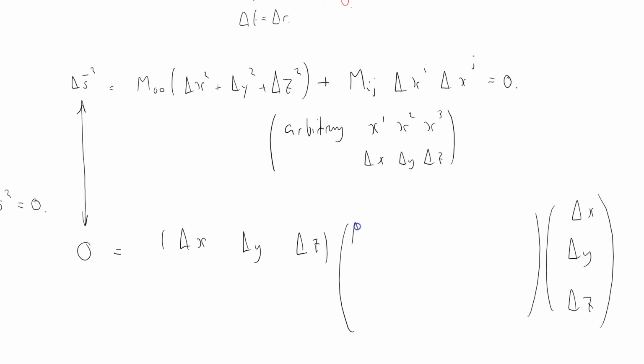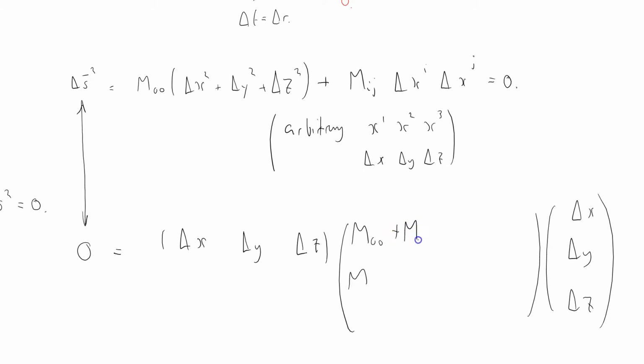So I've got m00 plus 1, that 1 from here, m row 1, column 2, m row 1, column 3. No, it's not a 1, it's an m11, sorry. I'll write this out again a bit more neatly.